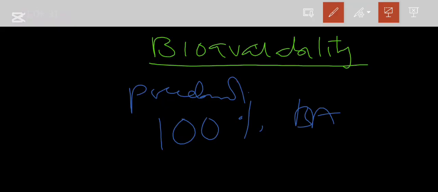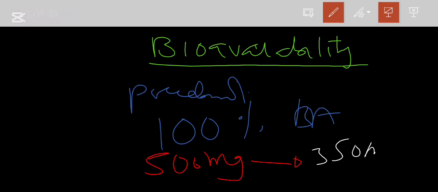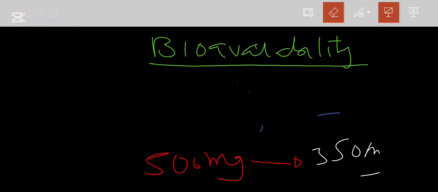What I mean is, if you are to administer 500 milligrams, what is going to reach the bloodstream? Maybe it's just going to reach 350 milligrams. This is what I mean by they cannot be 100% bioavailability, because maybe only 350 is going to reach the bloodstream. If you have a calculator, we can calculate in this instance.